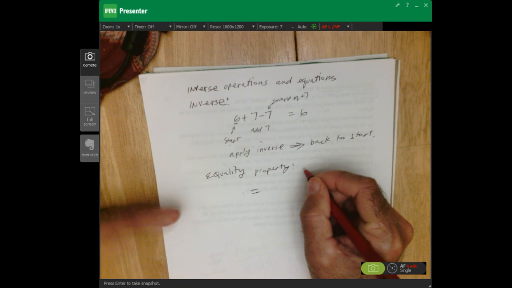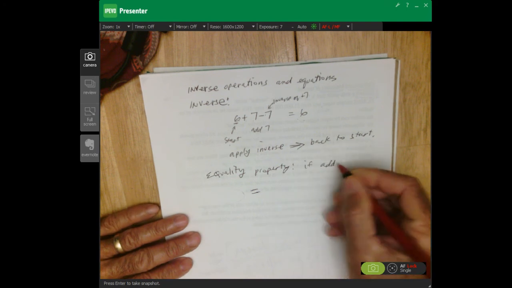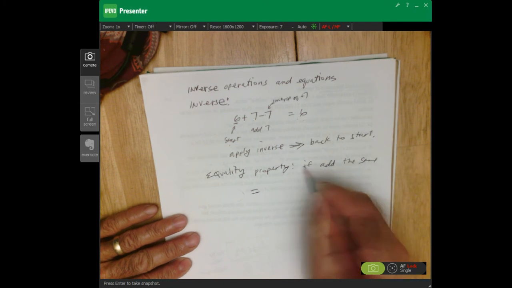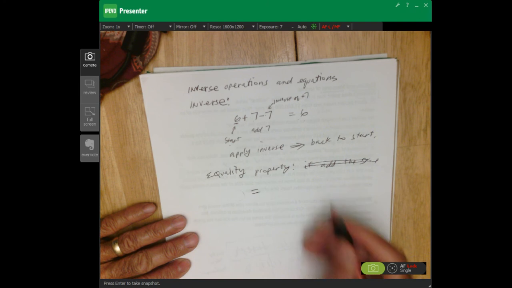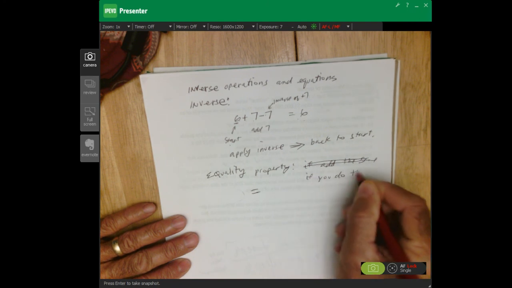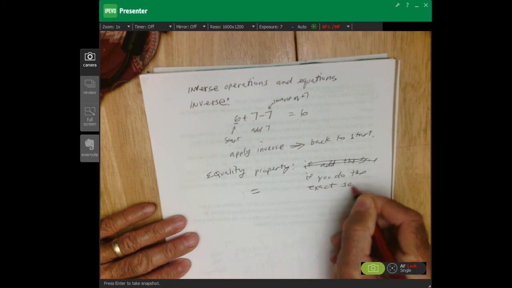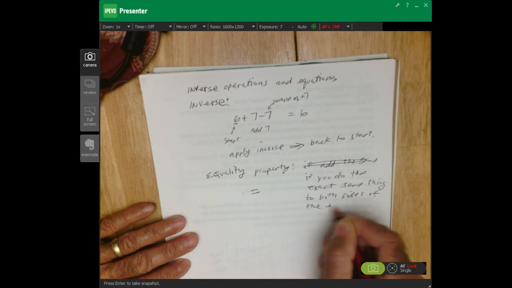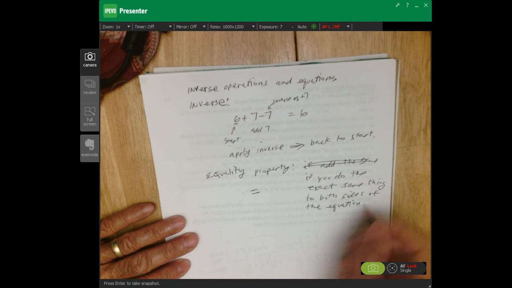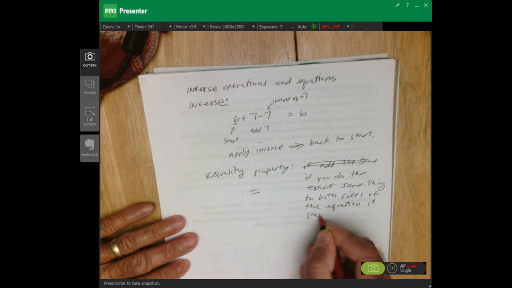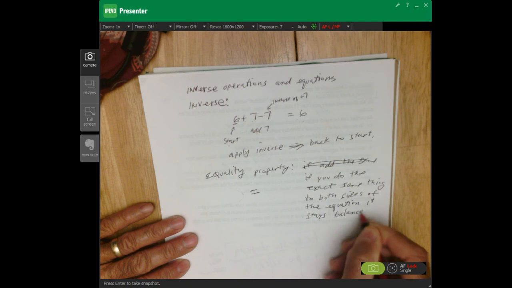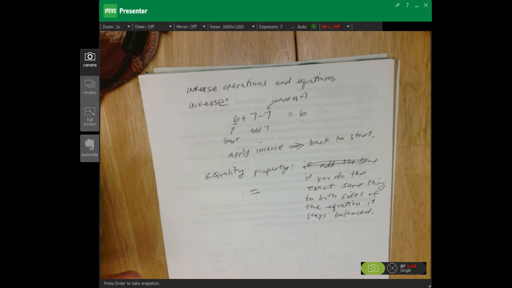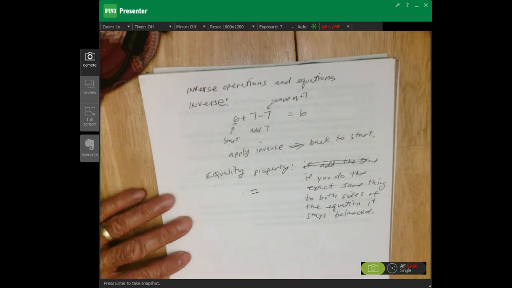And basically it says that if you add the same, well, instead of saying add, let's make it more general: if you do the exact same thing to both sides of the equation, it stays balanced.